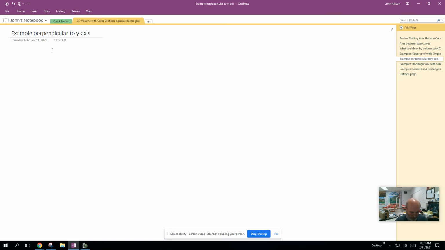In this case, we can find the volume of the solid with cross sections perpendicular to the y-axis, whose base is bound by the curve y equals x squared, the y-axis, and the line, we'll go ahead and do y equals 4 this time.